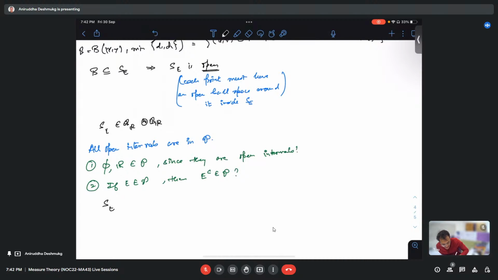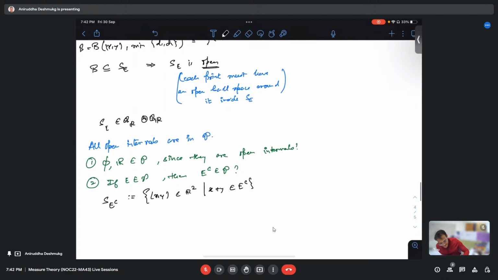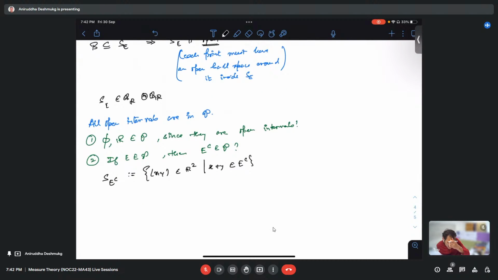So we need to see whether this is true. So one way is, let us look at S of E complement. That means all those (x, y) in R2 such that x plus y is inside E complement. But what does it mean that x plus y is inside E complement? It means that x plus y is not inside E, and therefore the pair (x, y) cannot be inside SE. So what I mean to say is, start with (x, y) in S of E complement.